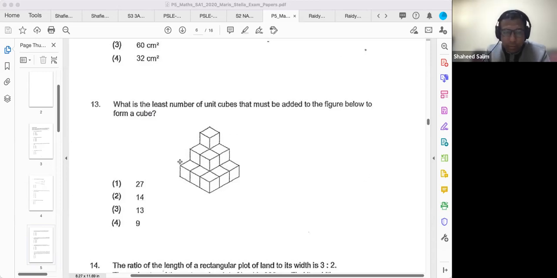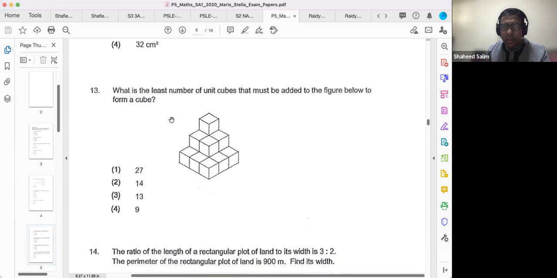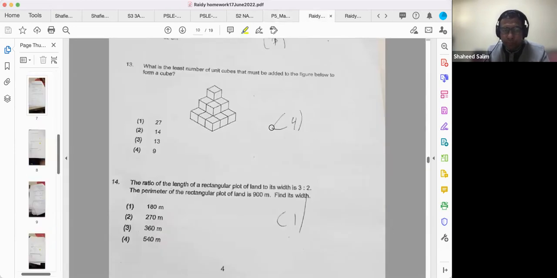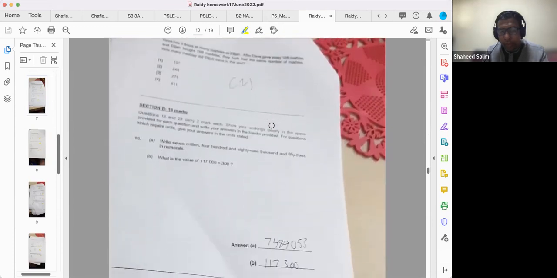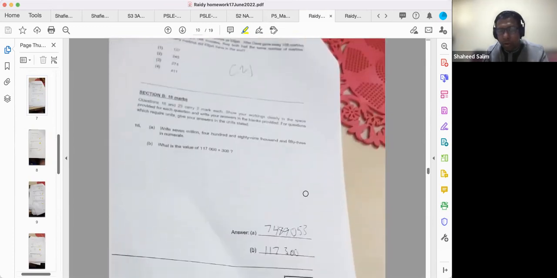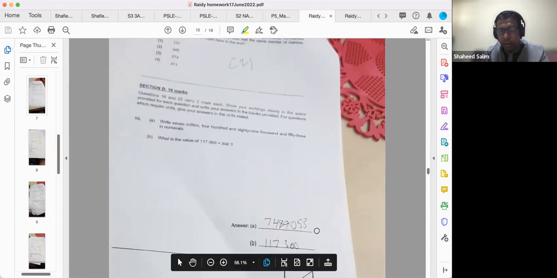Let us see. You got 14 correct, you got 15 correct, 16, you got 1 correct. So let us look at question 16. So 16, the top you got correct. This one you got correct. This one you got wrong. I don't know where I marked everything actually.